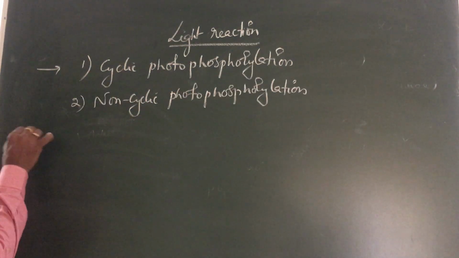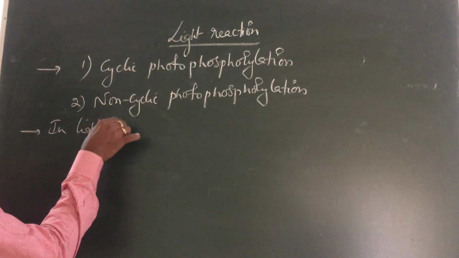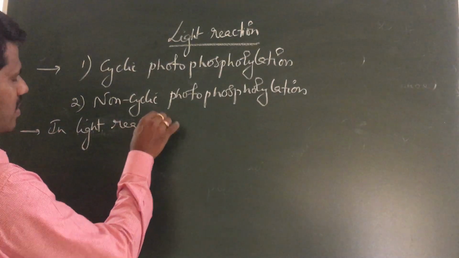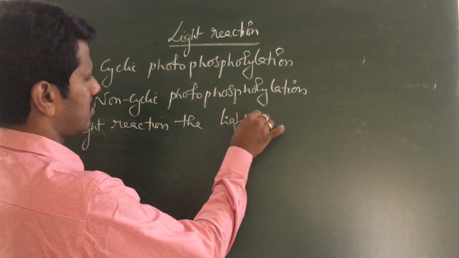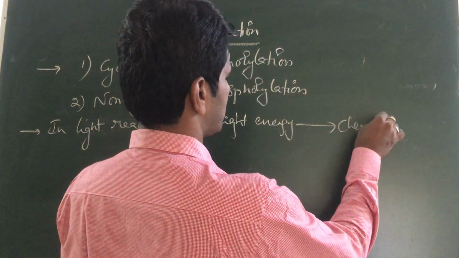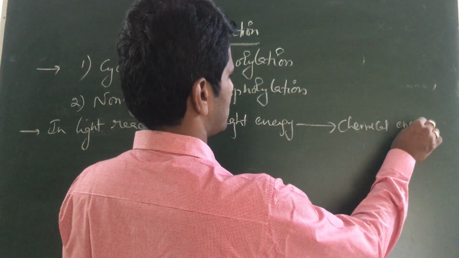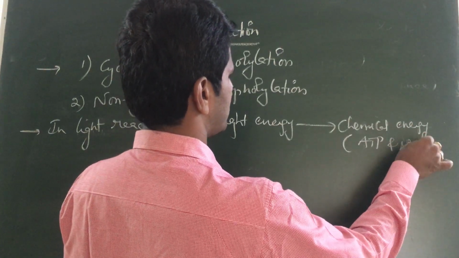In the light reaction, the light energy is converted to chemical energy, in the form of ATP and NADPH, the assimilatory power.